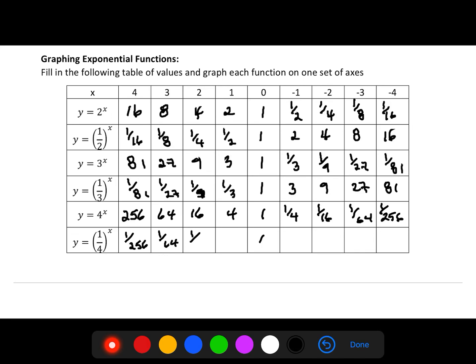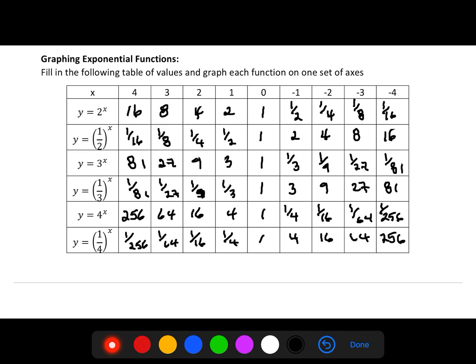So 1 over 256, 1 over 64, 1/16, 1/4. When we flip that, we're going to get 4, 16, 64, and 256.